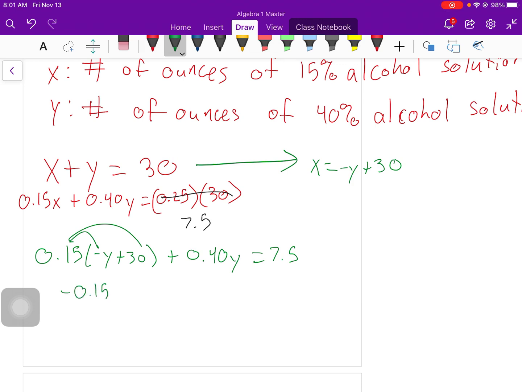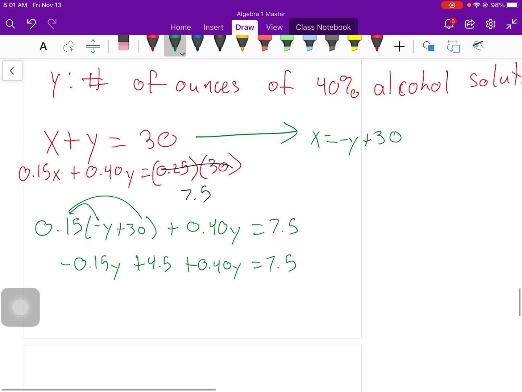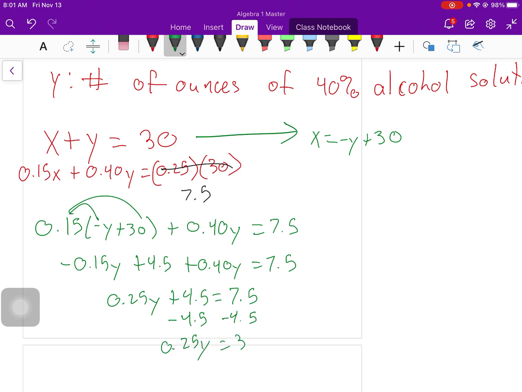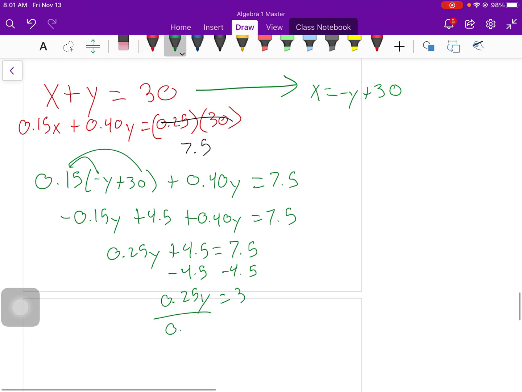That gives me negative 0.15y plus 4.5 plus 0.40y is equal to 7.5. Combine my like terms. That gives me 0.25y plus 4.5 is equal to 7.5. So 0.25y equals 3. If I'm dividing by 0.25, that is the exact same thing as multiplying by 4.